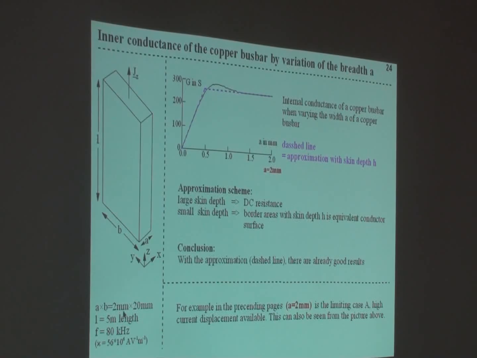If you calculate this, here is varying this one, and we have here the skin depth of 0.5 millimeters. That's not shown here, but in the book you can see it, that we have a skin depth of 0.5 millimeter.